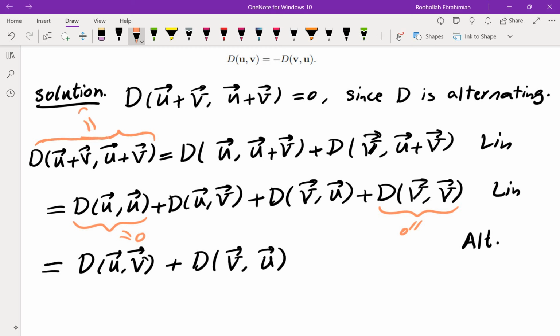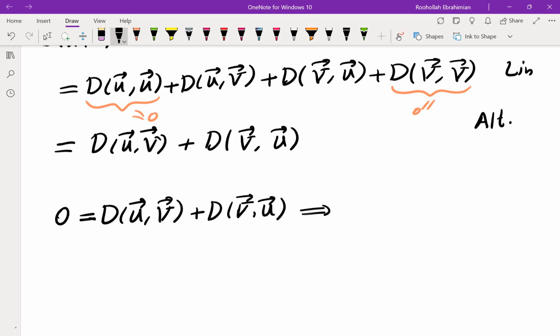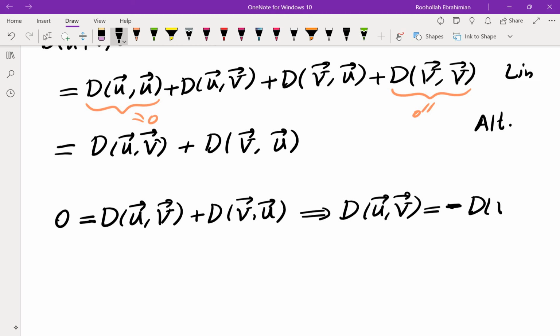It means 0 equals d of u comma v plus d of v comma u, which would mean d of u comma v and d of v comma u are in fact negatives of each other, which is exactly what we wanted to prove. So d of u comma v is equal to negative d of v comma u.